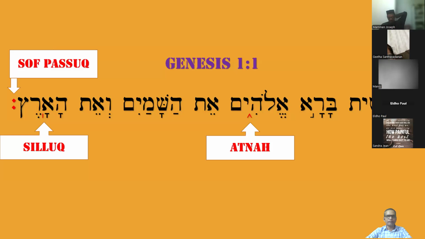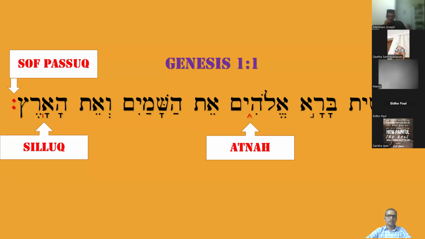So don't be confused, because the next slide will show an accent which has the same form as Siluk. But when you understand the purpose of Siluk, you will not be confused. If you come across Siluk, and you have any confusion whether it is Siluk or not, you have to look at the end of the word which carries it.